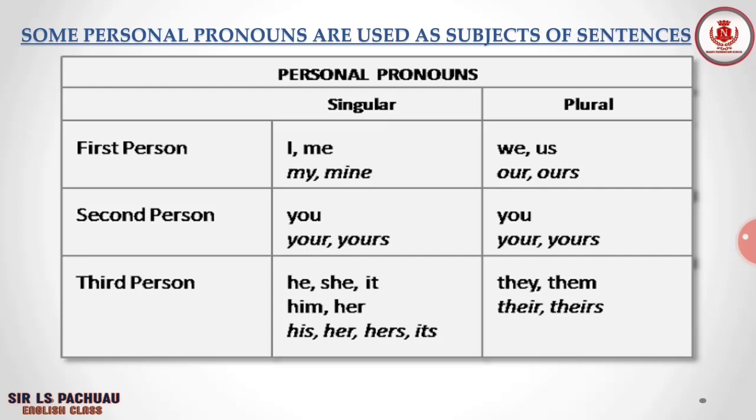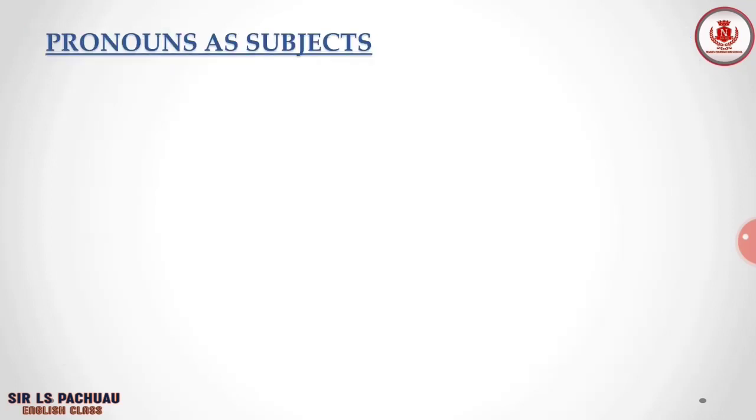Third person singular: he, she, it, him, her, his, hers, its. Third person plural: they, them, their, theirs. These are the personal pronouns, but some of them can be used as subjects of sentences, and some cannot be used.